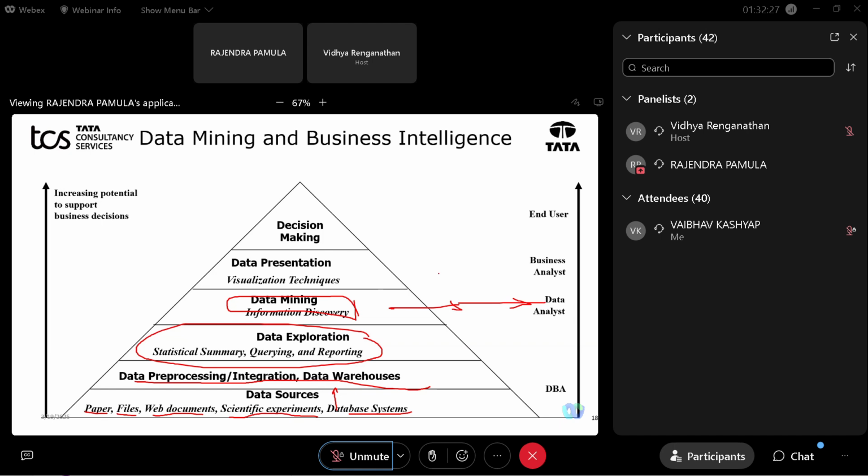And finally, we have to present it to the business analyst, using visualization techniques. And then finally, we make a decision whether it is properly useful or not. Okay? Properly useful or not, that analysis is there.